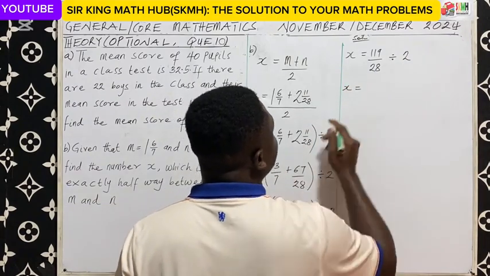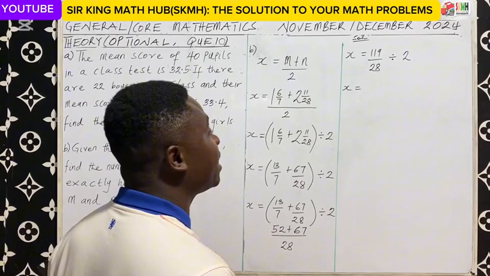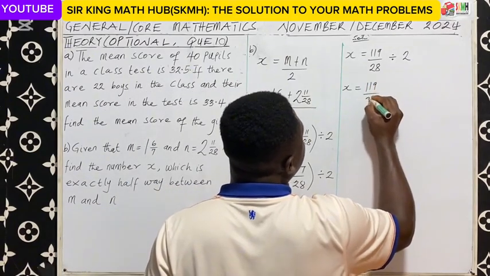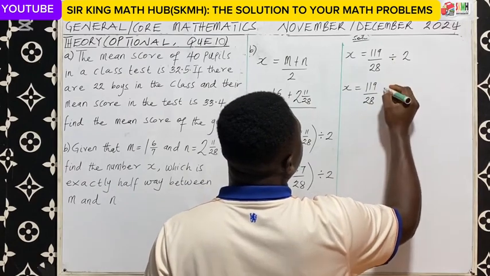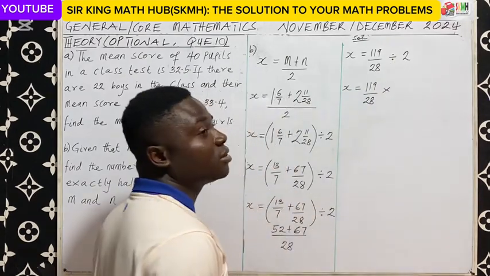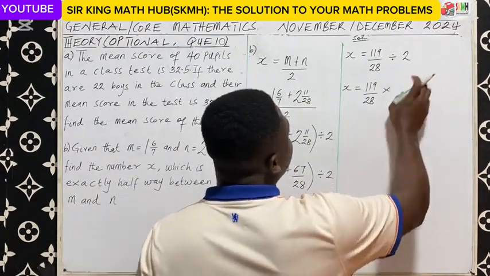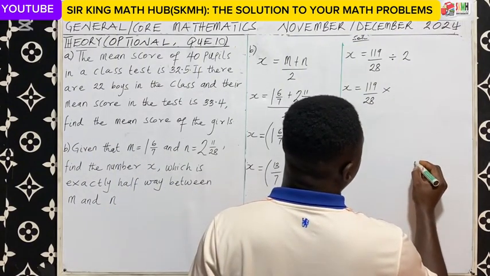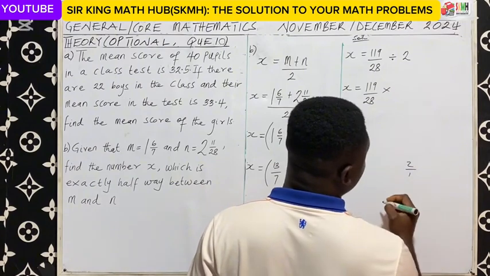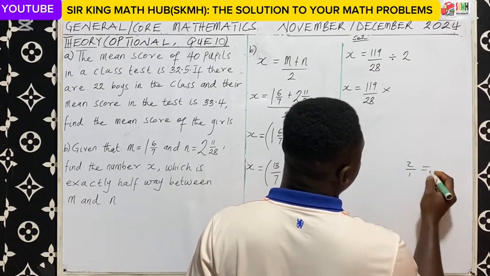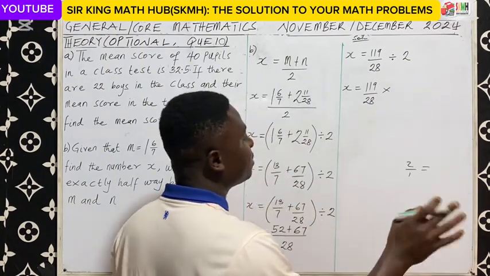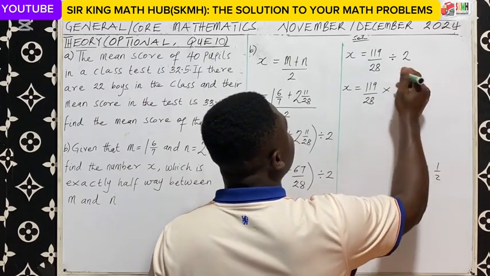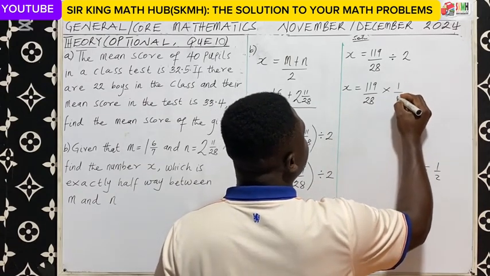So x is equal to, anytime we are dividing two fractions, what do we do? We maintain the first fraction, we change the division sign to multiplication, and then we find the reciprocal of the second number. So the reciprocal of 2 can be written as 2 out of 1. So the reciprocal will be turning the numbers upside down. So the reciprocal of 2 is 1 out of 2.